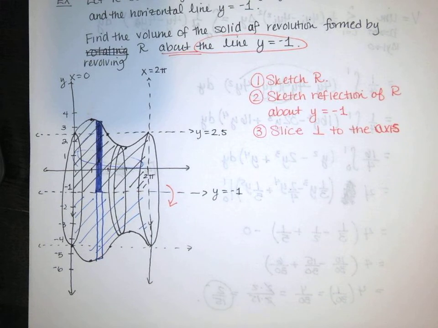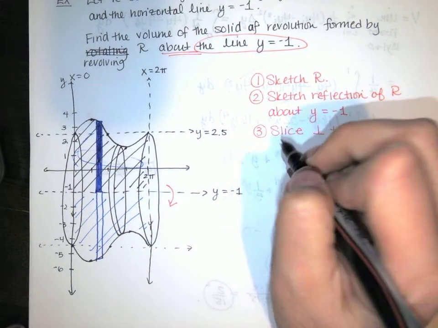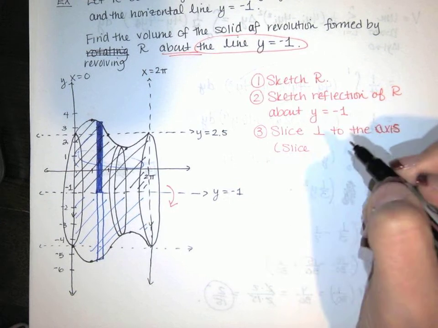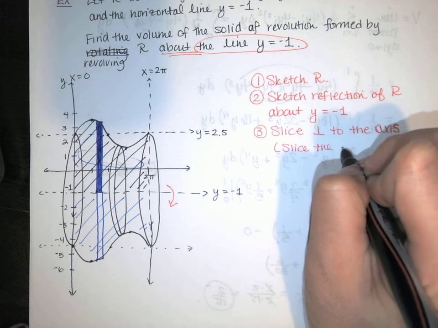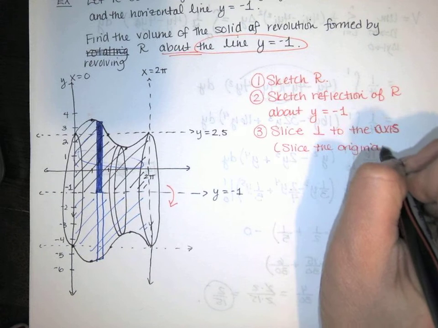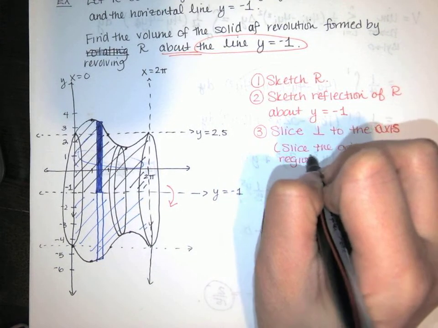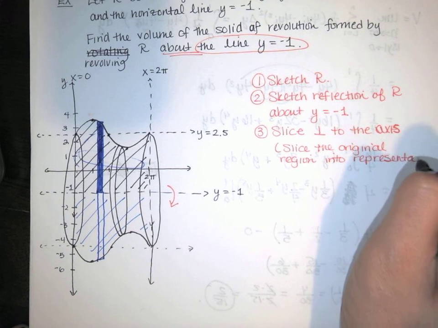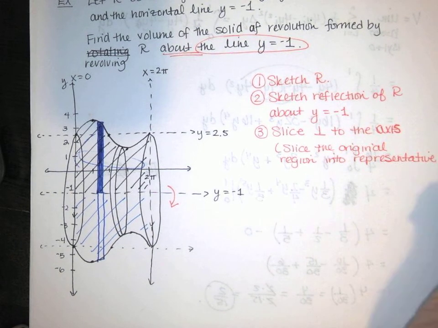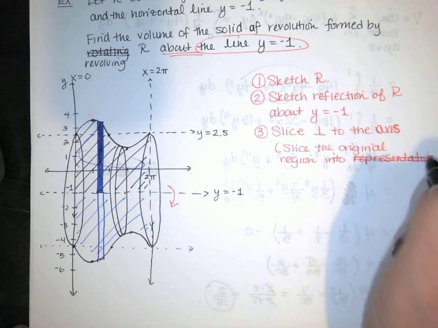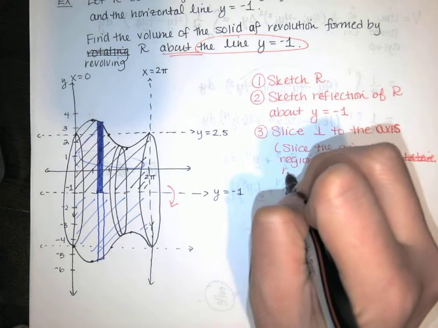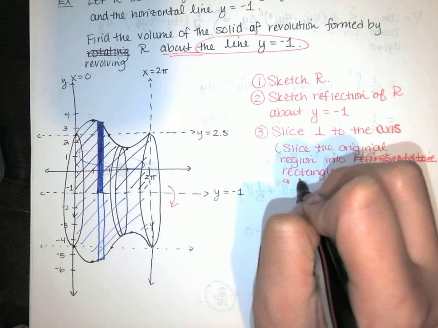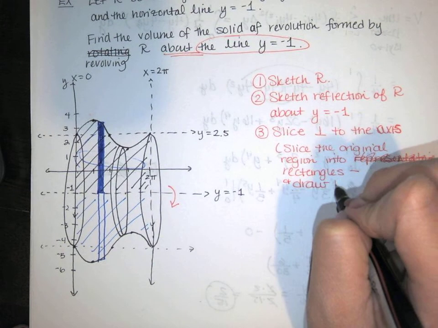So we slice perpendicular to the axis. You can either slice the original region into rectangles, excuse me. So we're slicing it and then we're drawing a representative rectangle.